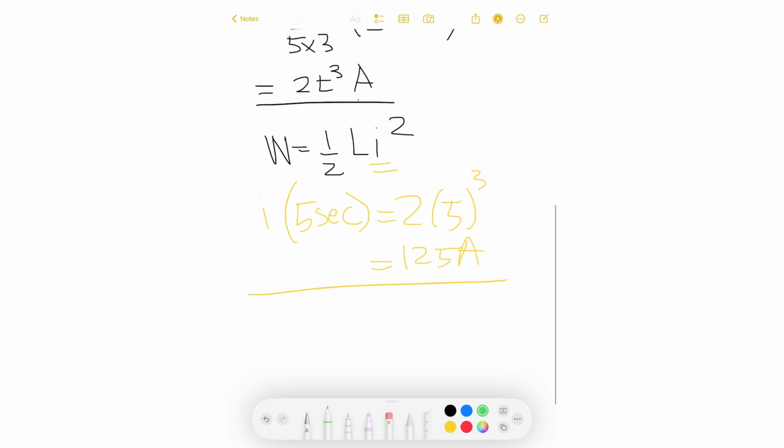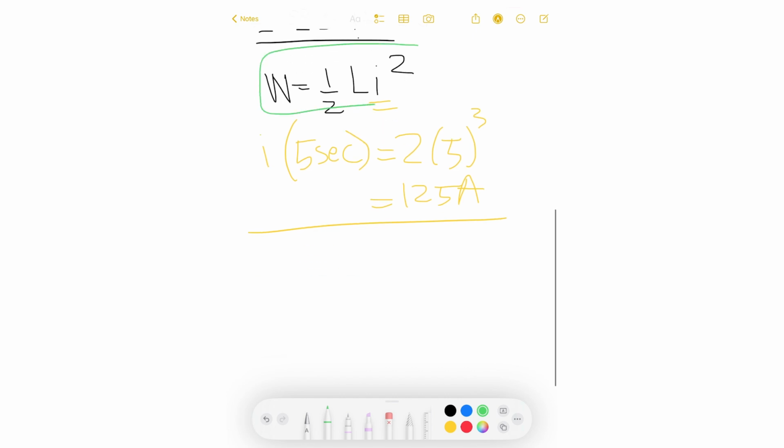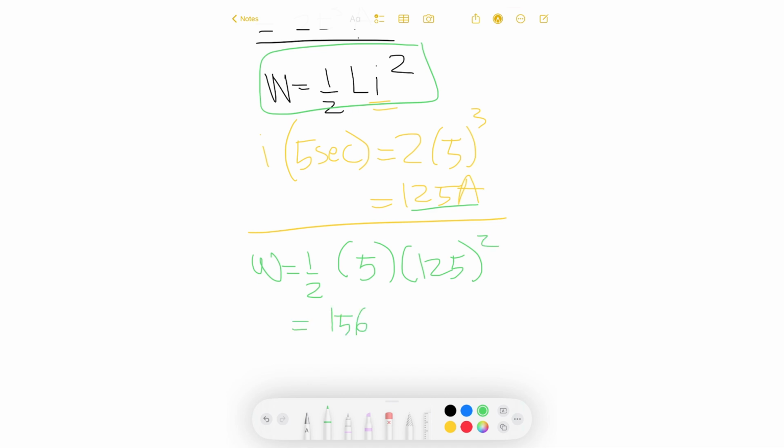Now, let's go back to our formula. So W is equal to half, L is 5, the current I just calculated is 125 squared. Plugging that into the calculator will give us 156,250 joules.